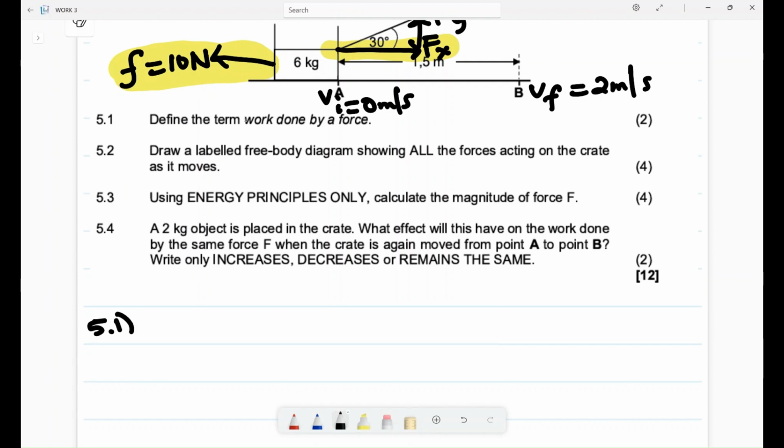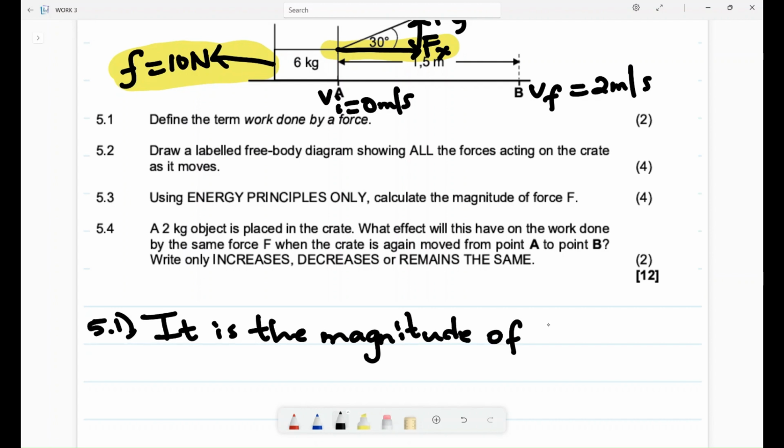5.1, they say define work done by a force. Remember the work done by a force from the first video. So it is the magnitude of the force and, there is something that's missing here.